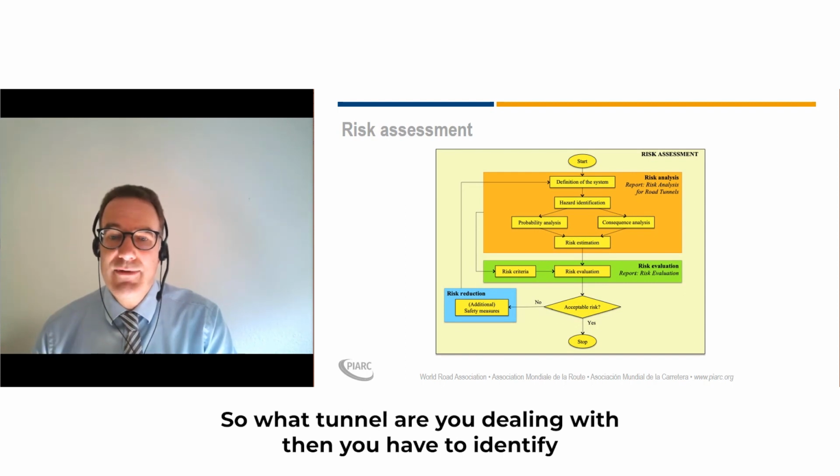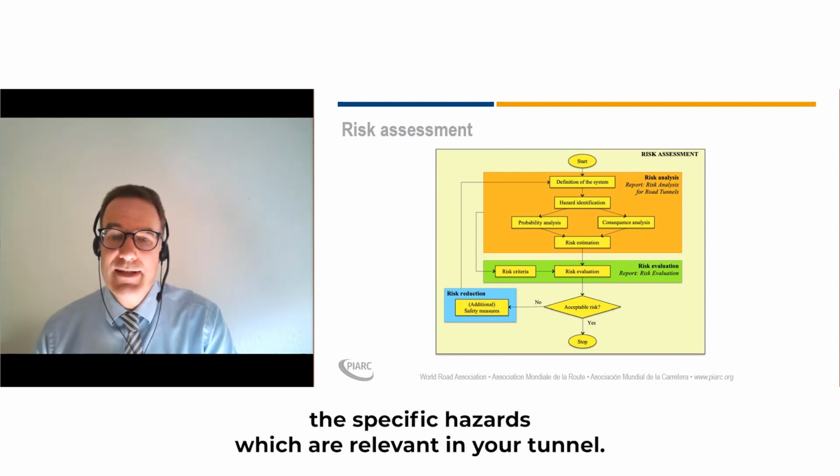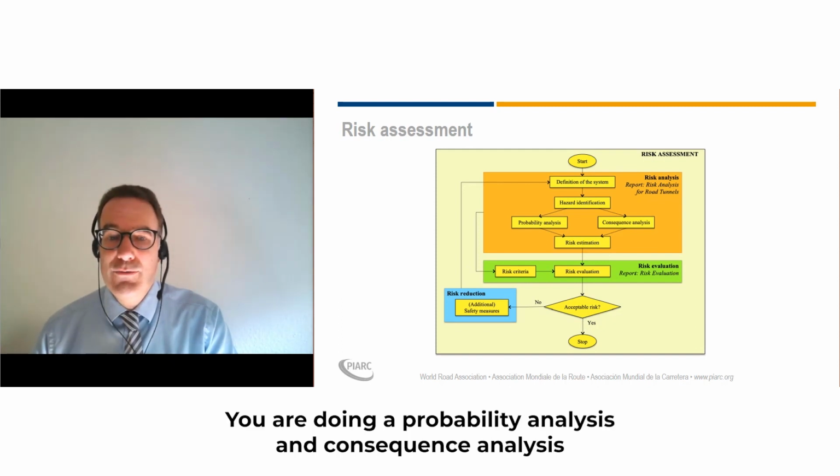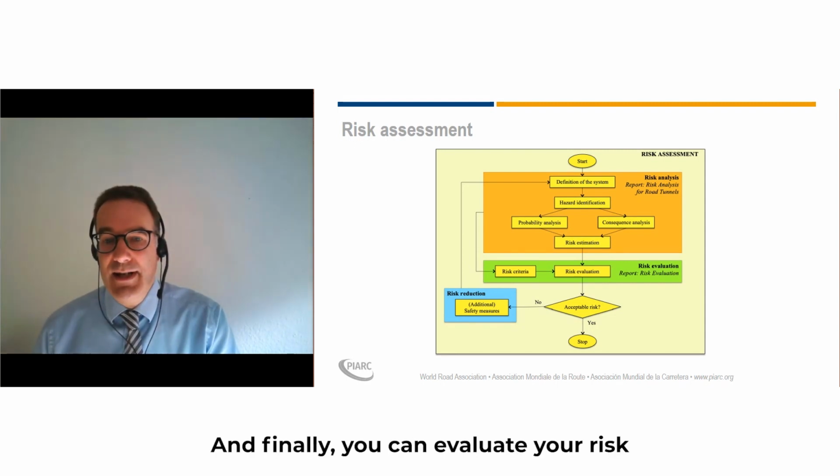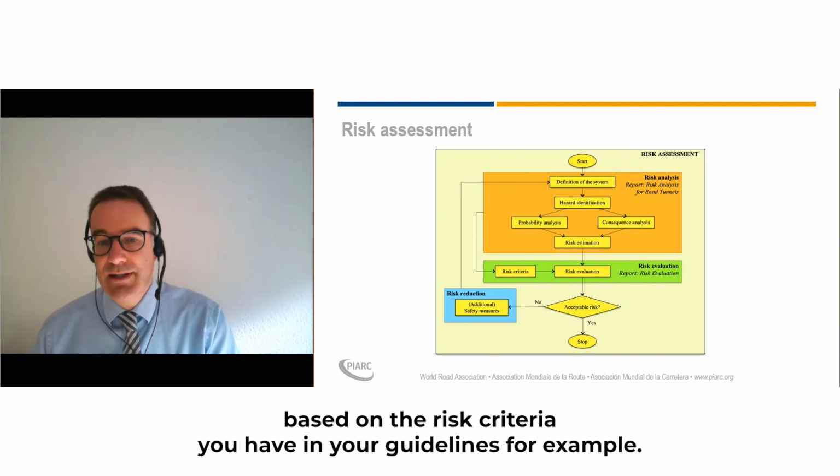Then you have to identify the specific hazards which are relevant in your tunnel. You are doing a probability analysis and a consequence analysis, and this goes together into the risk estimation. And finally, you can evaluate your risk based on the risk criteria you have in your guidelines, for example.